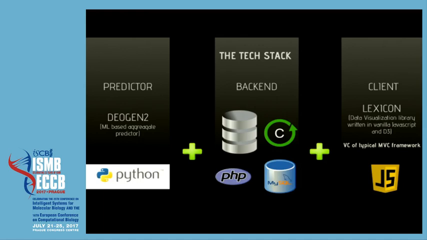And on my side, I'm just using JavaScript ES5, and it's in 2 parts. The first part is a collection of micro libraries which I call Lexicon. These are data visualization tools written in JavaScript ES5 and D3, and the rest consists of the framework itself, which I call the view and the controller layer of a typical MVC framework.